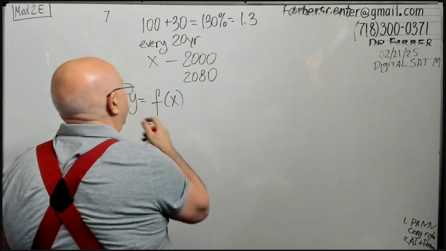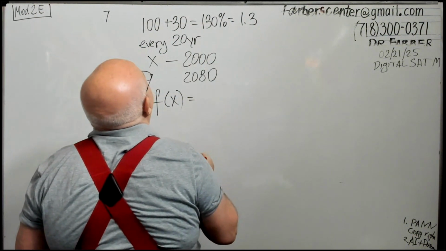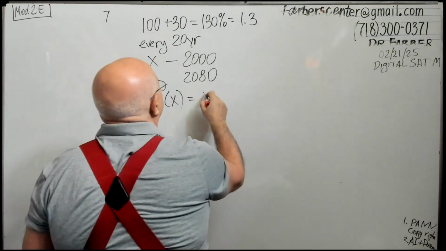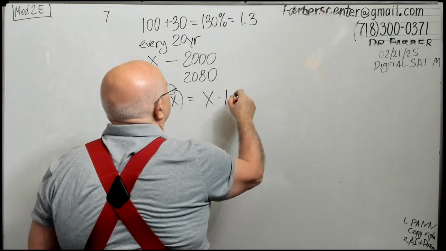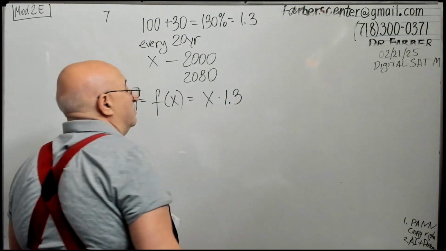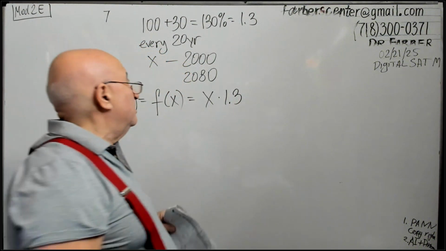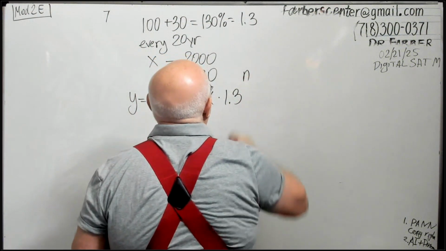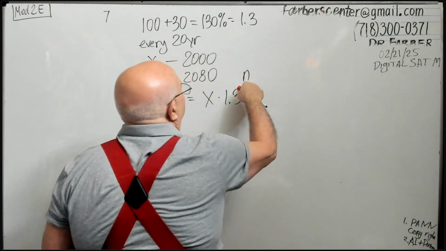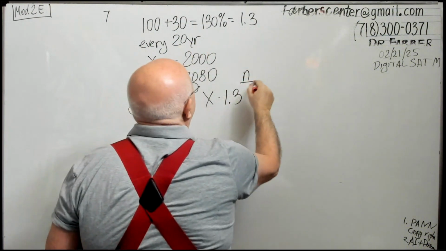You have some initial value times 1.3. This, if you make an analogy with a geometric sequence, is like the constant ratio to the power n, but this is not n, not every year, every 20 years, so divide by 20.